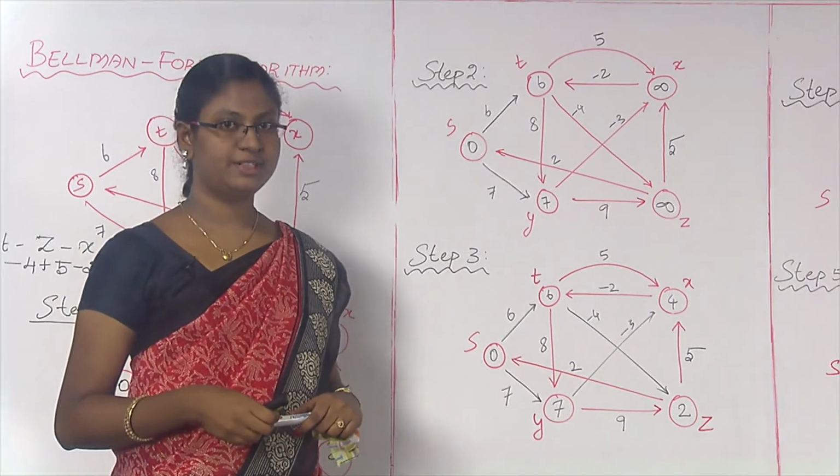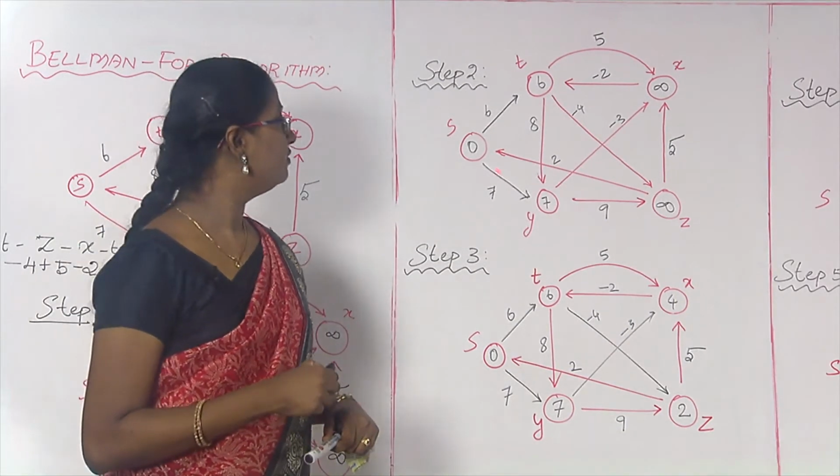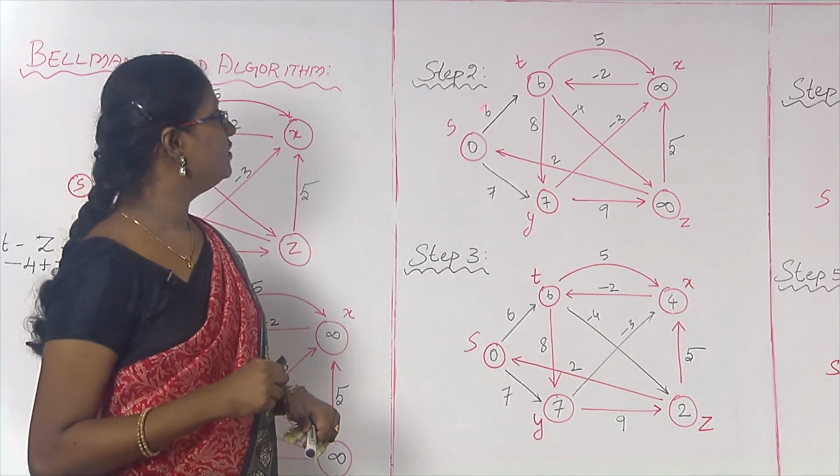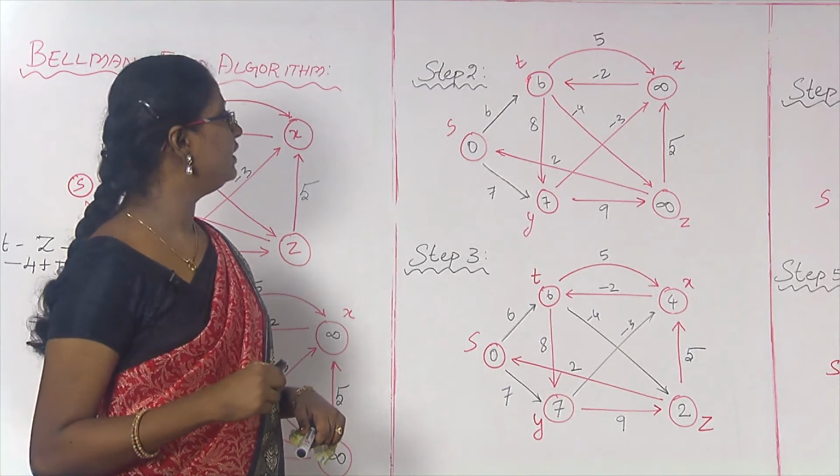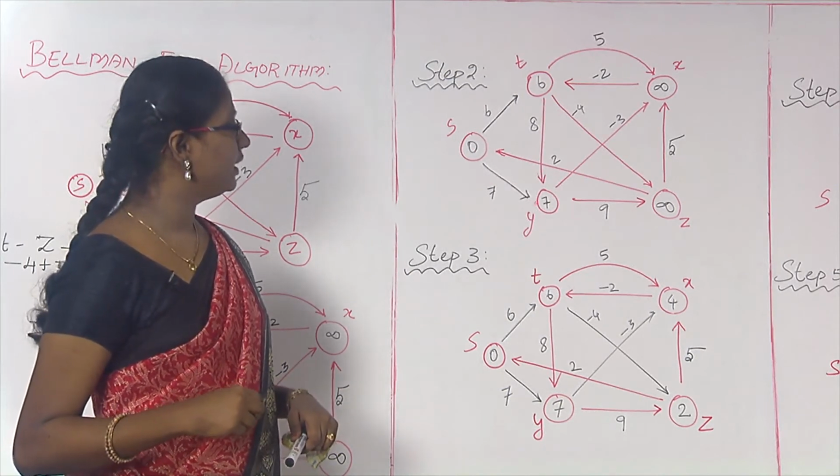Now, we move on to step 3. So far we have found the distances from S to T and S to Y. As of now, the minimum distance from S to T is 6 and from S to Y is 7.